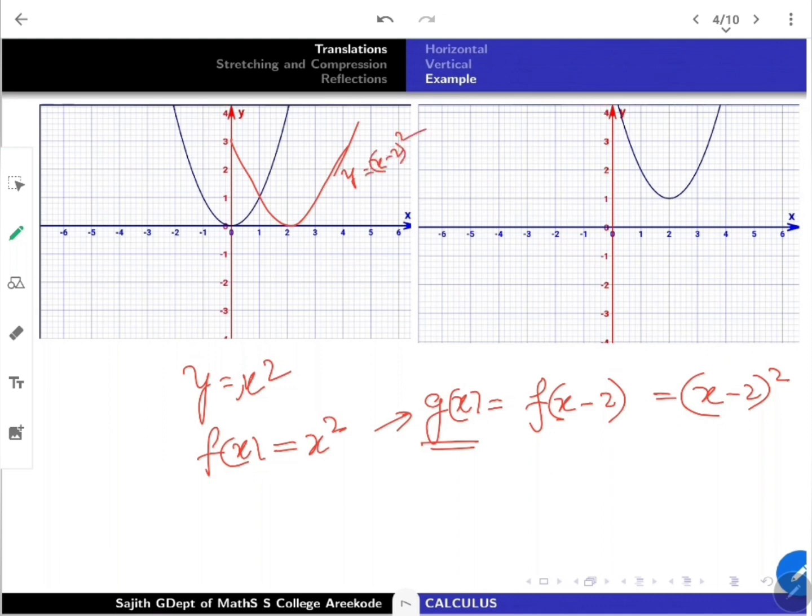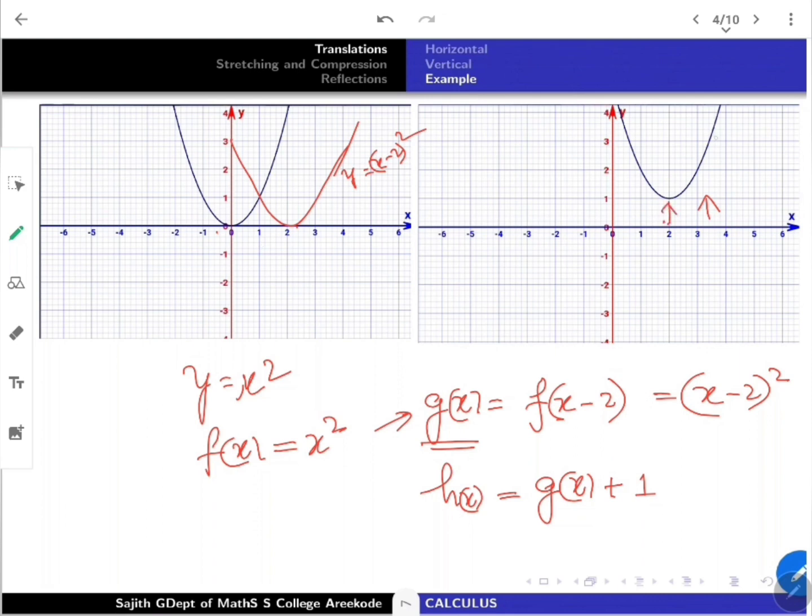Now, from here, if I push 1 unit up through a rule, I may write h of x equals g of x plus 1. So it shifts 1 unit vertically up. This will be an uplift actually. So g takes 2 units right, and again h acts by moving 1 unit up.